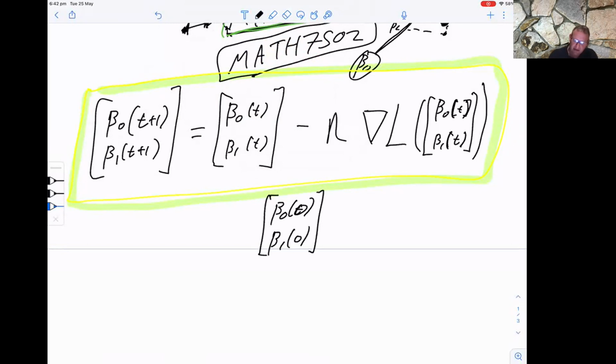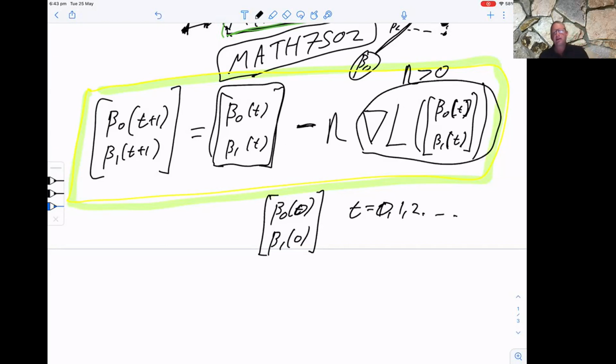Okay, so you start with beta 0, 0 and beta 1, 0, and then you go for t equaling 1, or you could even go for 0, 1, 2, etc. You follow this recursion, so every time you take the value and subtract eta, which is a non-negative constant, multiplied by the gradient.